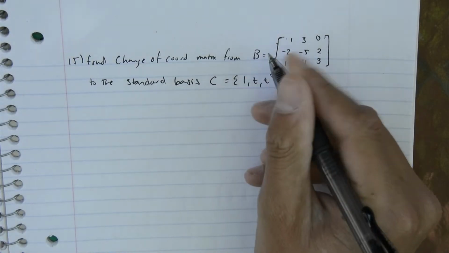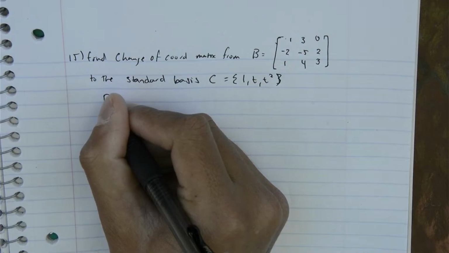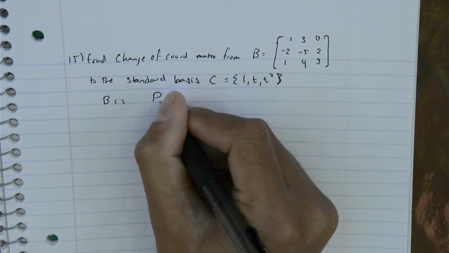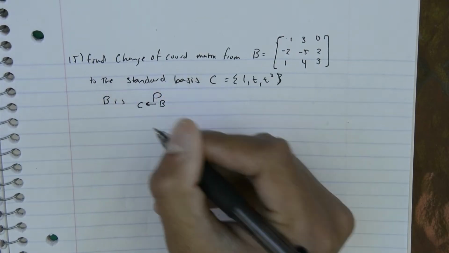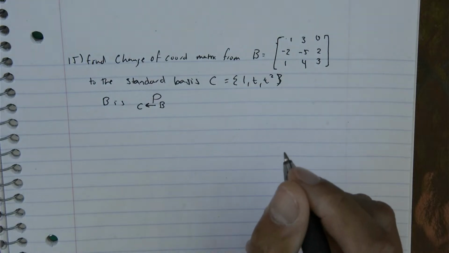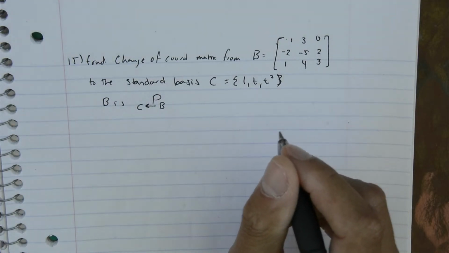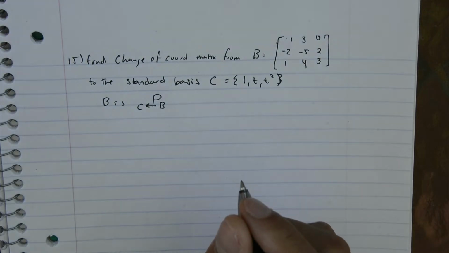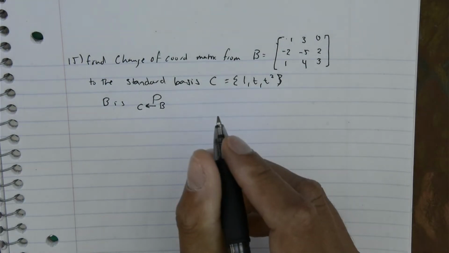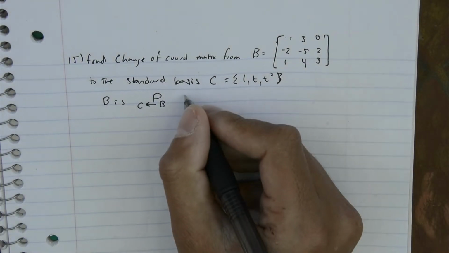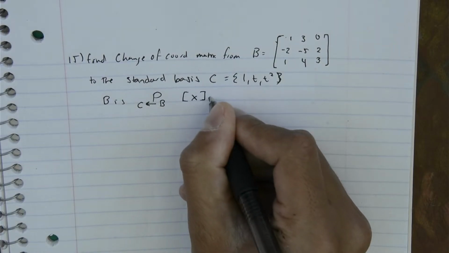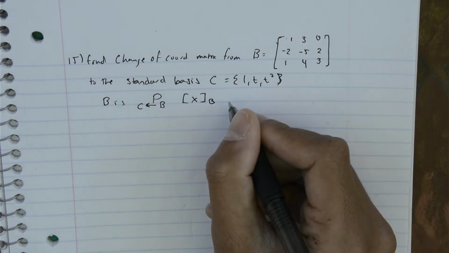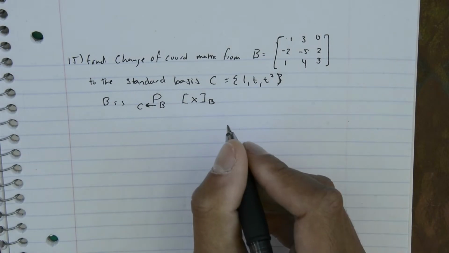So I think that B is P from B to C. Because if we multiply it by xb, like let's say that we want 1, 0, 0.